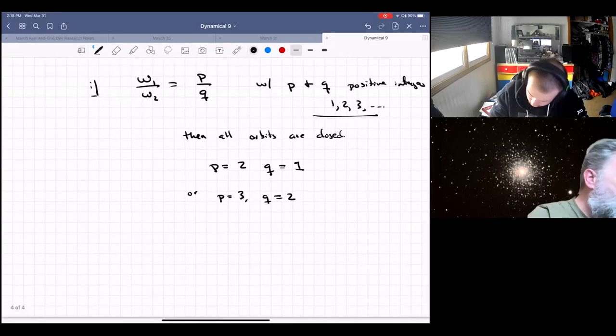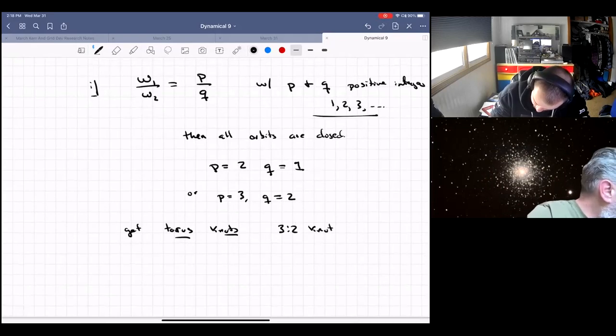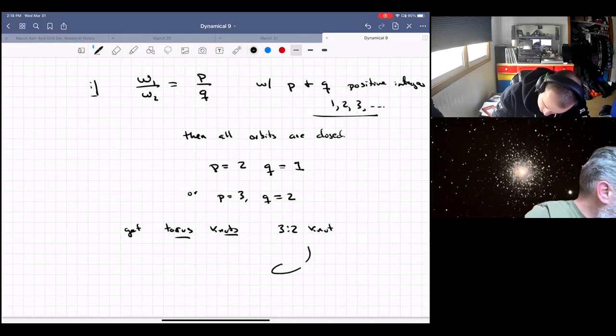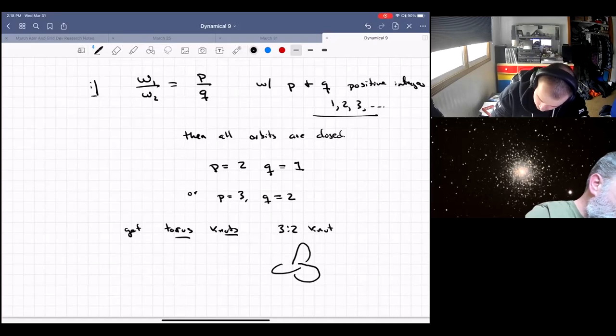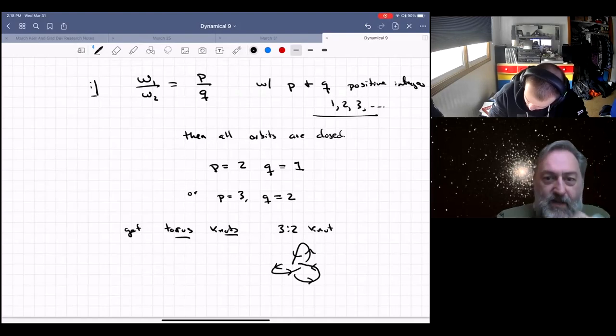And these are called knots. So this is a 3-2 knot. And the orbit kind of looks like you come around, up, through, around. So you imagine tying a string.